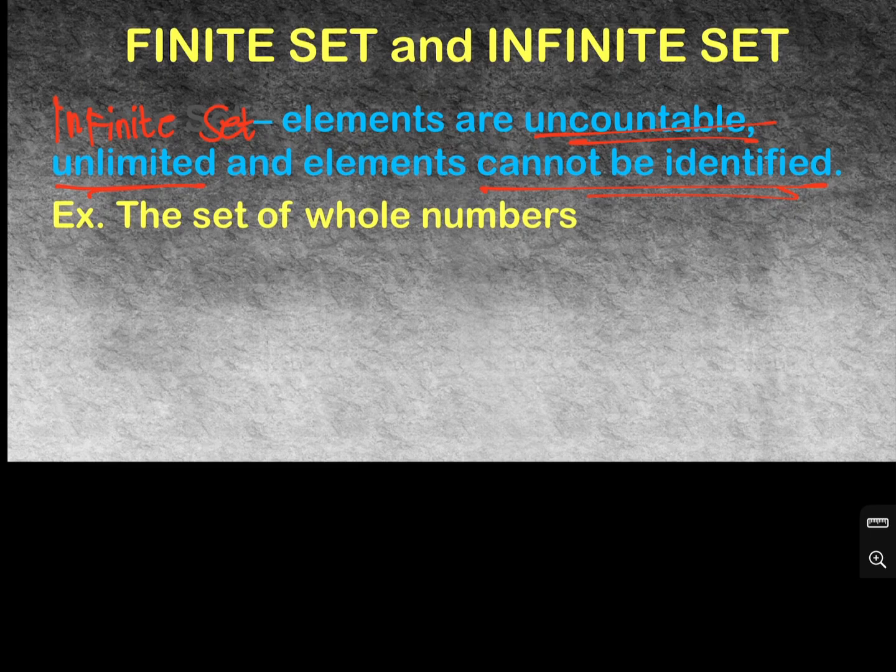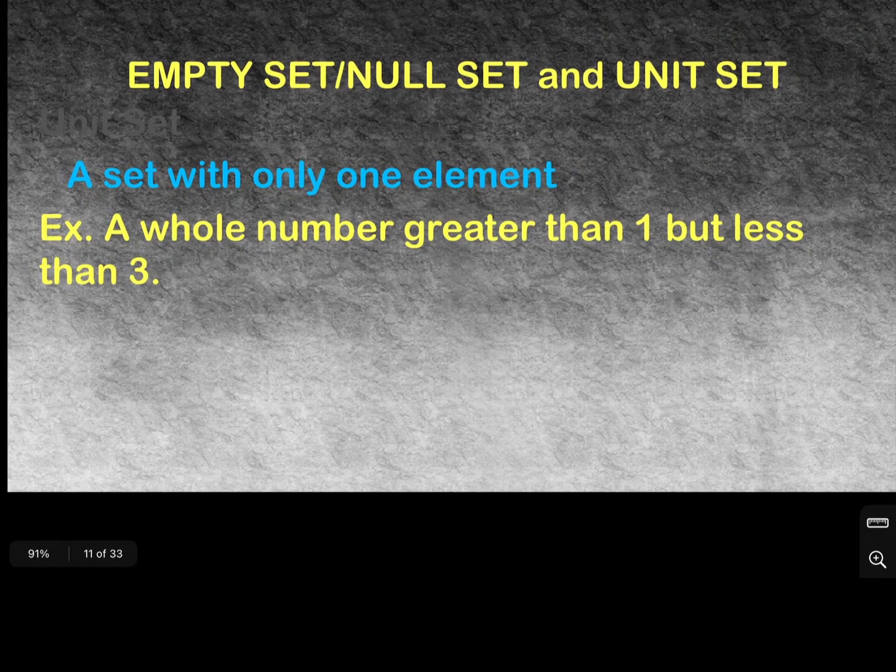Meaning, you can write all the whole numbers whenever you want. Whole numbers start with 0, 1, 2, 3, 4, 5, and so on. There is no indicator where you will stop for an infinite set.